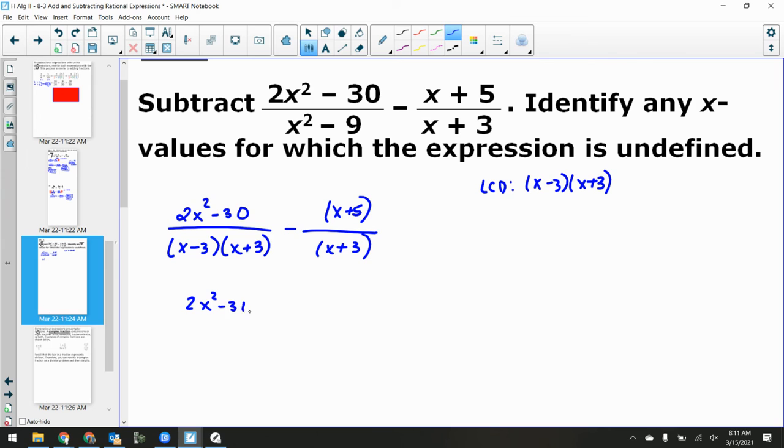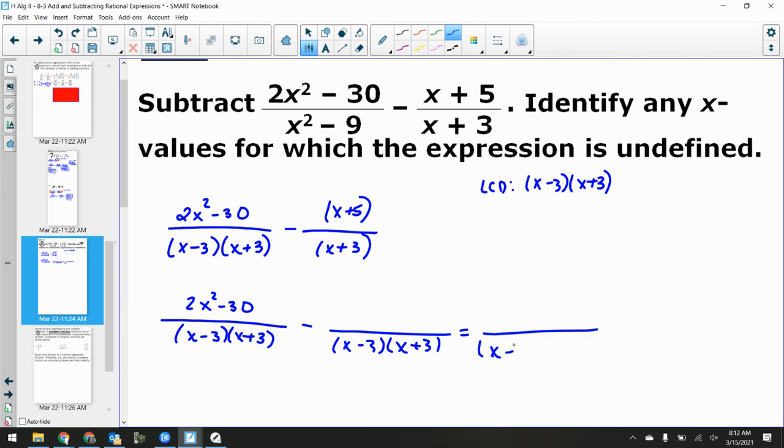So 2x squared minus 30 over x minus 3 times x plus 3, minus something over x minus 3 times x plus 3, equals something over x minus 3 times x plus 3. And now I have to multiply in my missing piece out of my common denominator. So I'm going to multiply by x minus 3 over x minus 3.